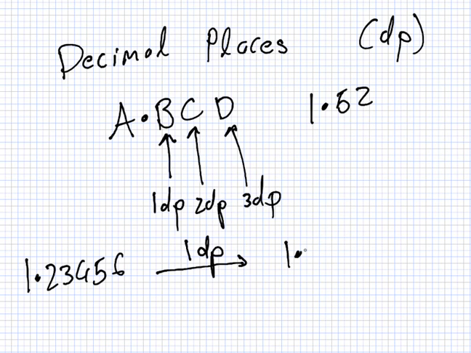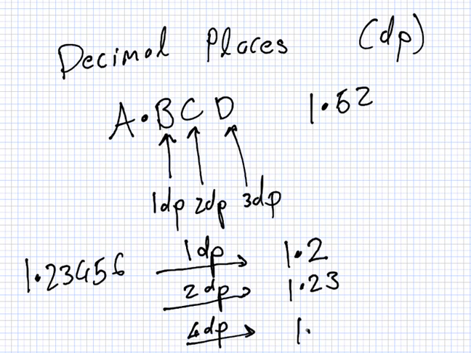That would be just 1.2. What about if I said to two decimal places? 1.23. Now what about if I said to four decimal places? 1.234.